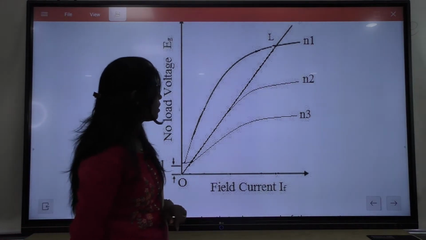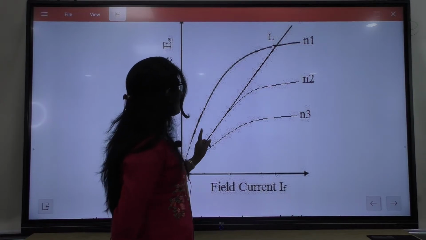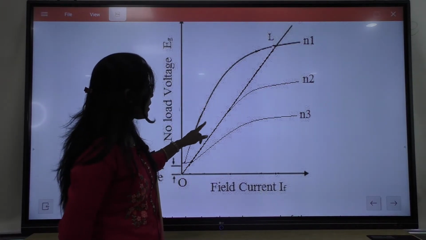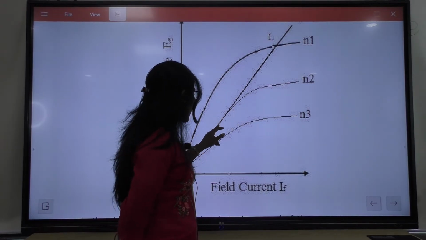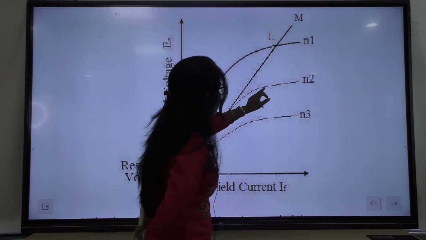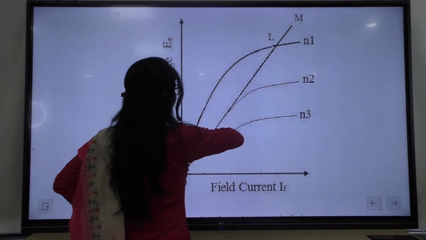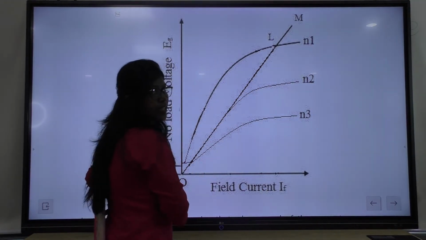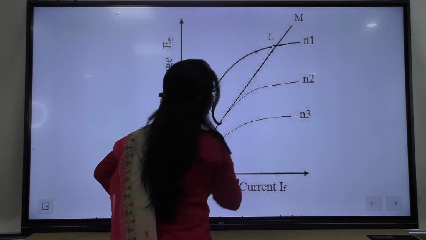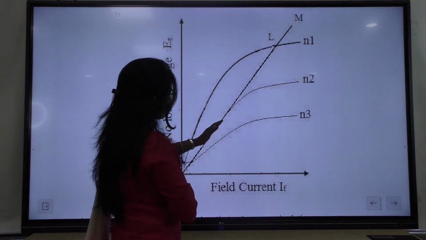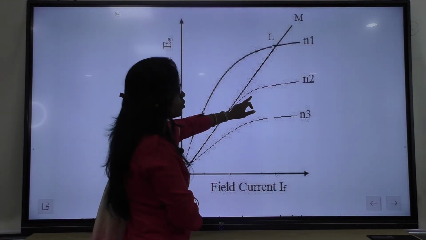Okay. So, if the resistance line touches the open circuit characteristics, look, this is our open circuit characteristics for speed N2. Here our shunt field resistance line touches the open circuit characteristics for speed N2, or we can say this is the tangent to this open circuit characteristic, this OCC.